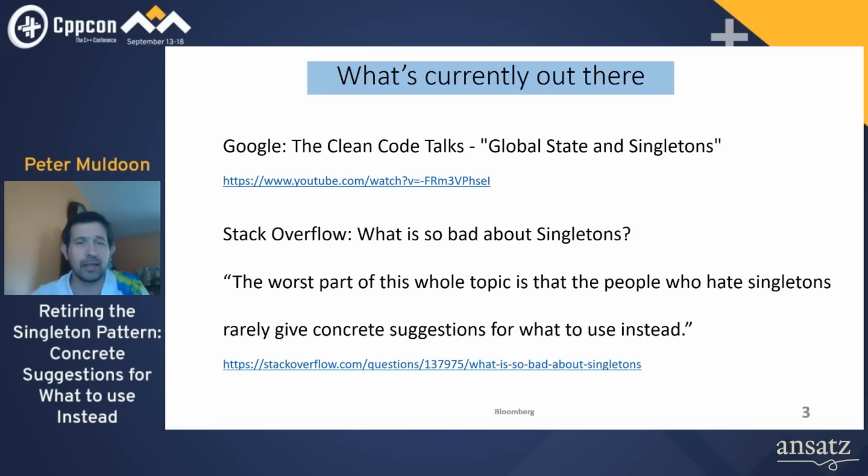But this sentence jumped out at me: the worst part of this whole topic is that the people who hate singletons rarely give concrete suggestions for what to use instead. And it's true. I've seen no example of how you can do something different and get away from using a singleton. So this is why I decided to go ahead, dig up a way of doing this, and see where it got me. All right.